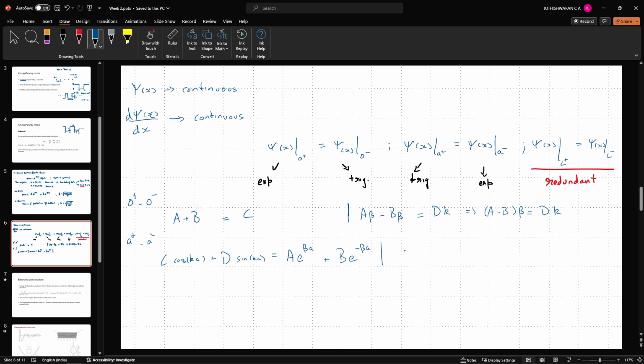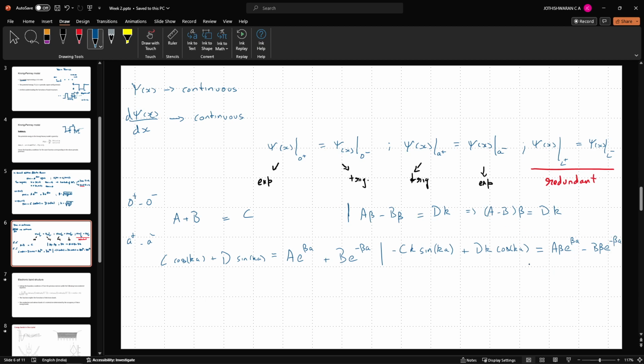So that will be, sorry, not cos ka, it will be minus ck sin ka plus dk cos ka, which is equal to a beta e to the power beta a minus b beta e to the power minus beta a.